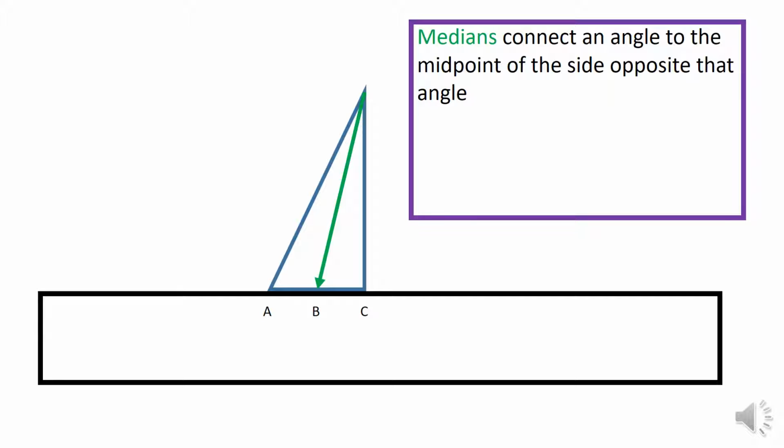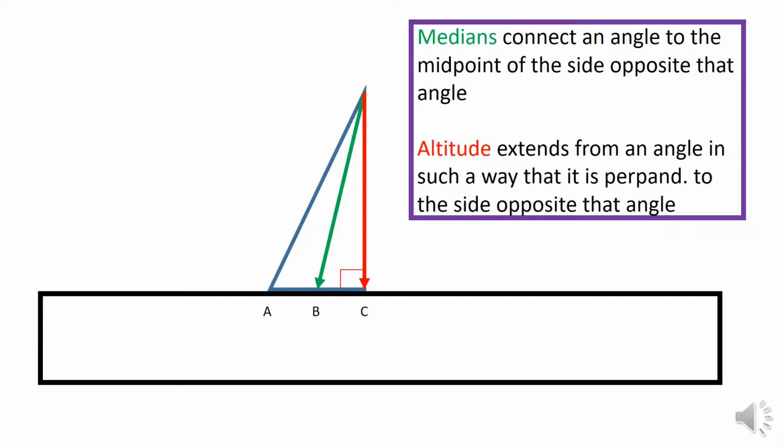It's connecting this angle at the top to the midpoint of the side opposite to it. The side opposite to it is the shortest side, segment AC. And the midpoint of that shortest side is going to be B, meaning that segment AB is congruent to segment BC. And the median is just going to connect that one angle to the midpoint B of the side opposite to that angle.